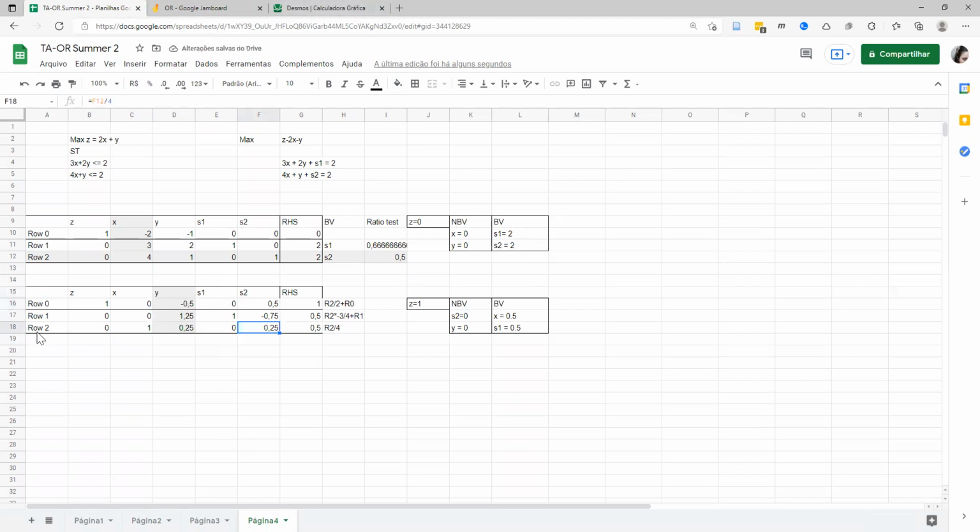So now we have that this is our pivot column. And now we have to find, using the ratio test again, which row is our pivot row. The same thing we're going to do: divide the right-hand side by the appropriate value in the y column, and choose the smallest positive number to be our pivot row.